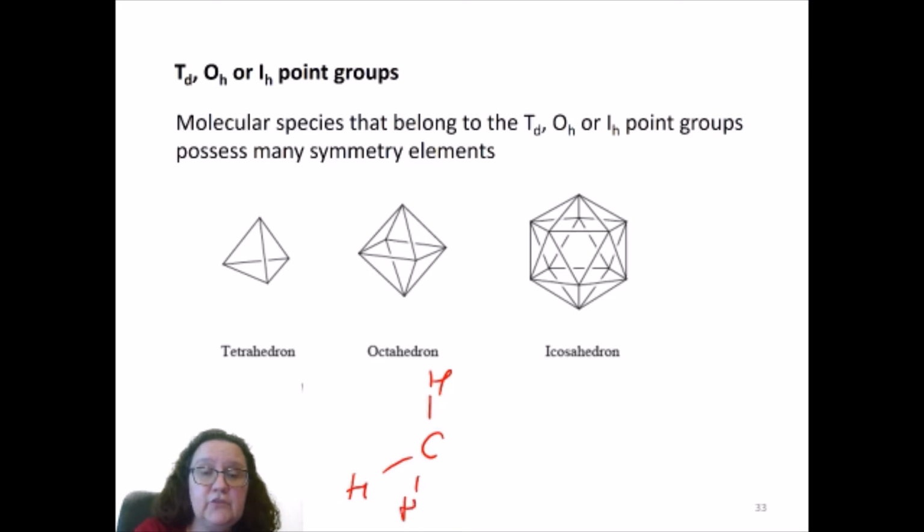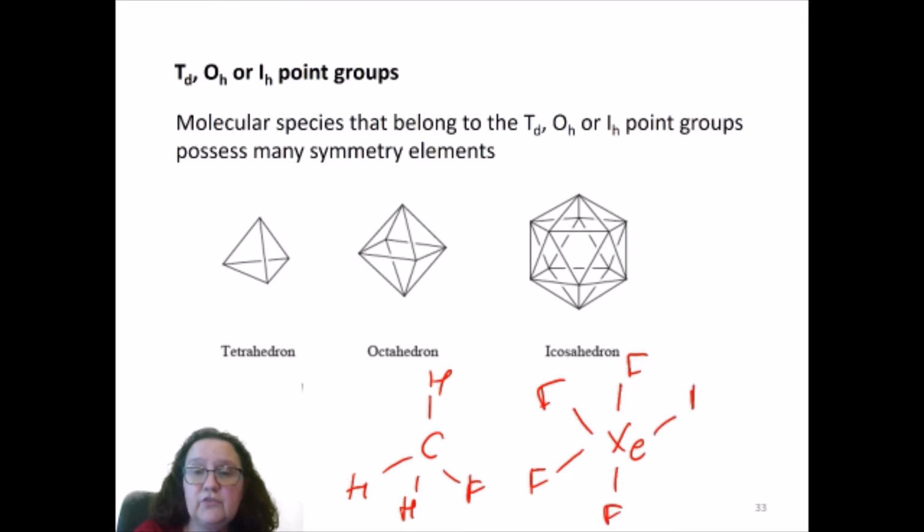And an example of an octahedral molecule is what we looked at before, xenon hexafluoride. And that had many inversion centers and quite a few axes of symmetry and reflections and mirror planes, etc. So they are highly symmetrical molecules.